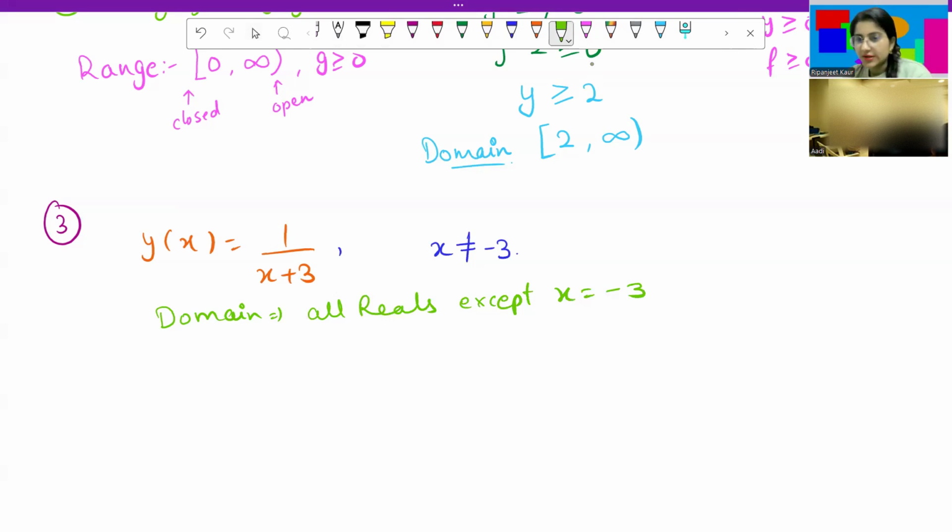So we can write it this way also. If we want to write it in brackets format, it is minus infinity to -3, and -3 is not included, so we open the bracket, and then from -3 to all the positive values, except this one. And we put a union symbol here. That means both intervals are taken as the domain.